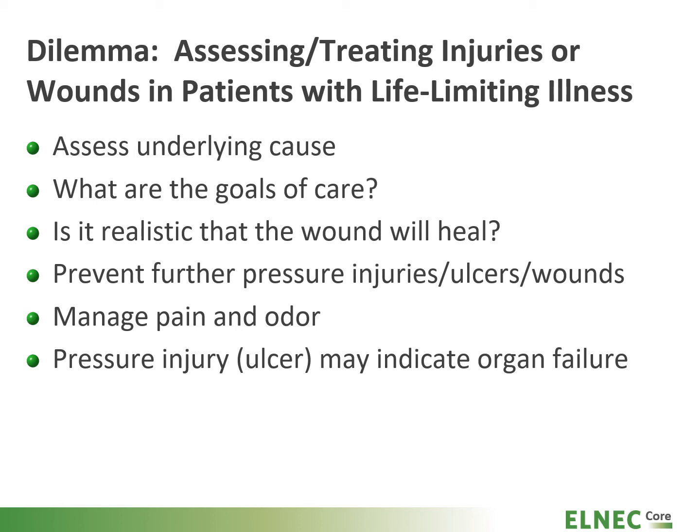So you should always ask yourself, will this patient's life be significantly better? Will there be increased quality of life if the wound is healed? Is it realistic if the wound is healed? So when you're talking about those goals, quality of life, is it realistic? How aggressive is it necessary for these wound cares?